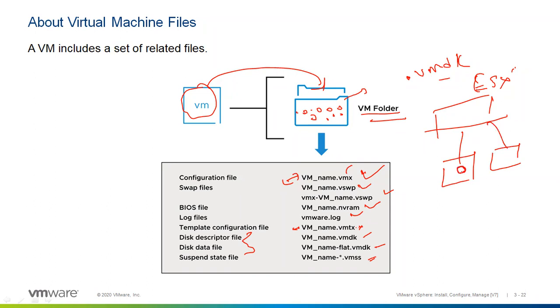Probably we can have all these files here, but the VMDKs can be here instead. Maybe for those VMDKs I require high performance storage, and for the VM folder I need normal performance storage. So they could be in different places too, but the default location is the VM folder.